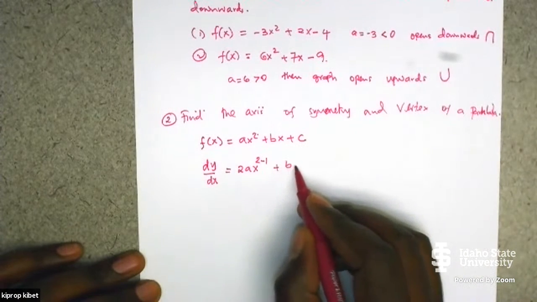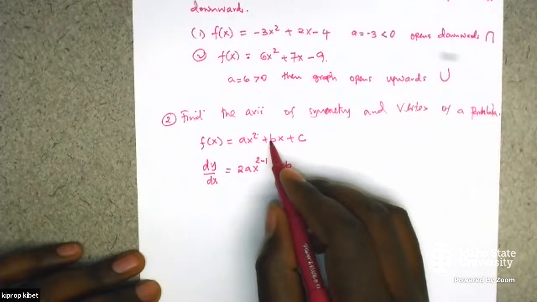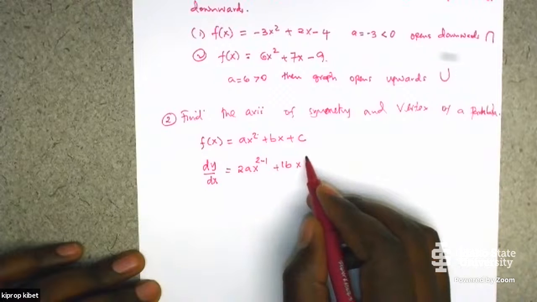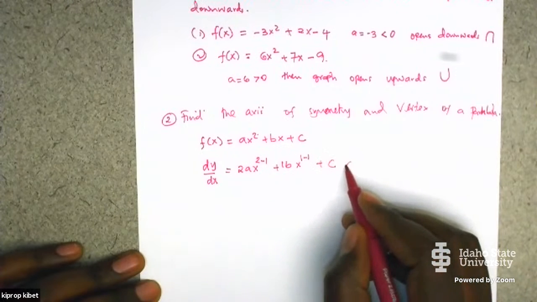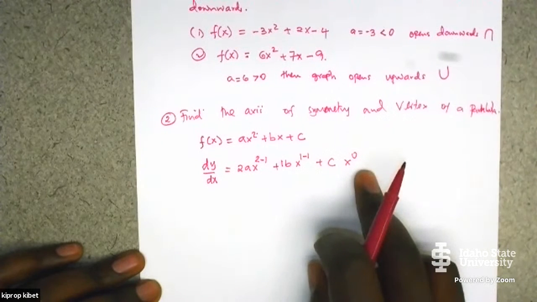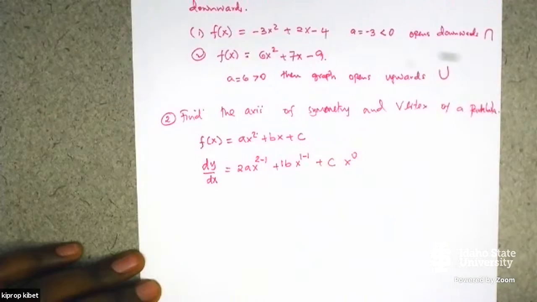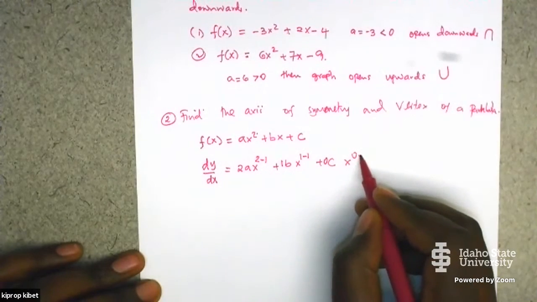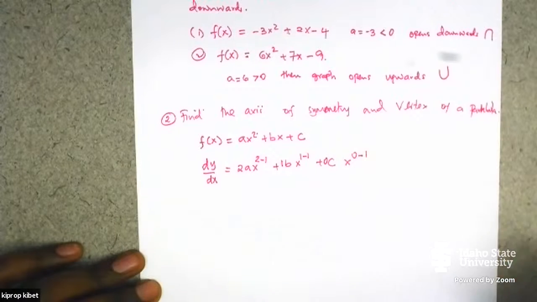Plus b: bring down the power of x, which is 1, and then x raised to 1 minus 1. Plus c: our x power is 0, because anything raised to 0 is 1, so we bring down 0 and subtract 1.